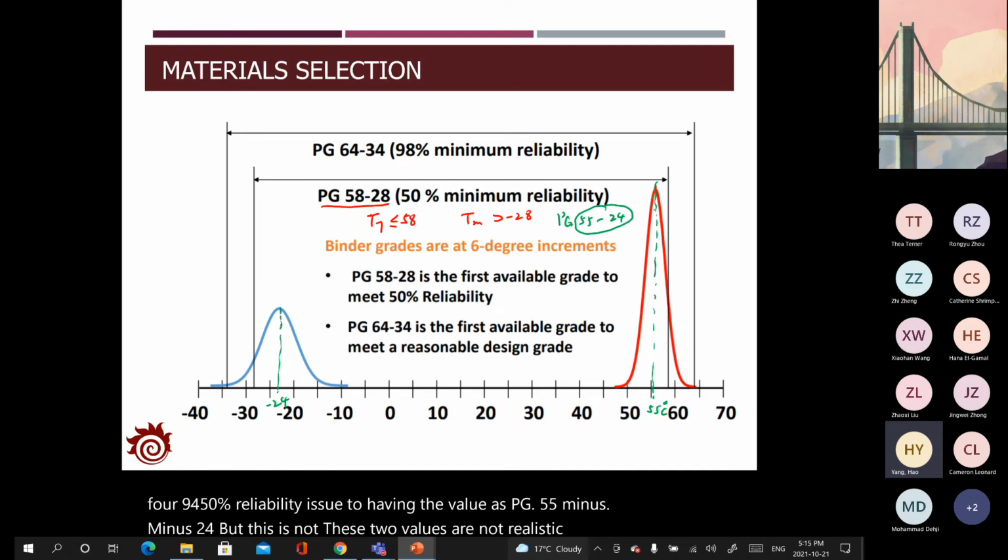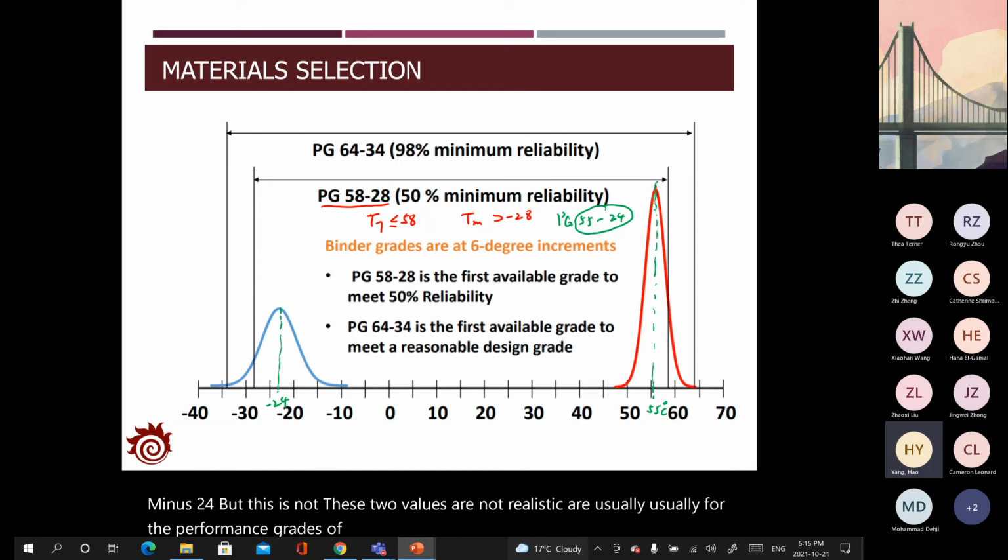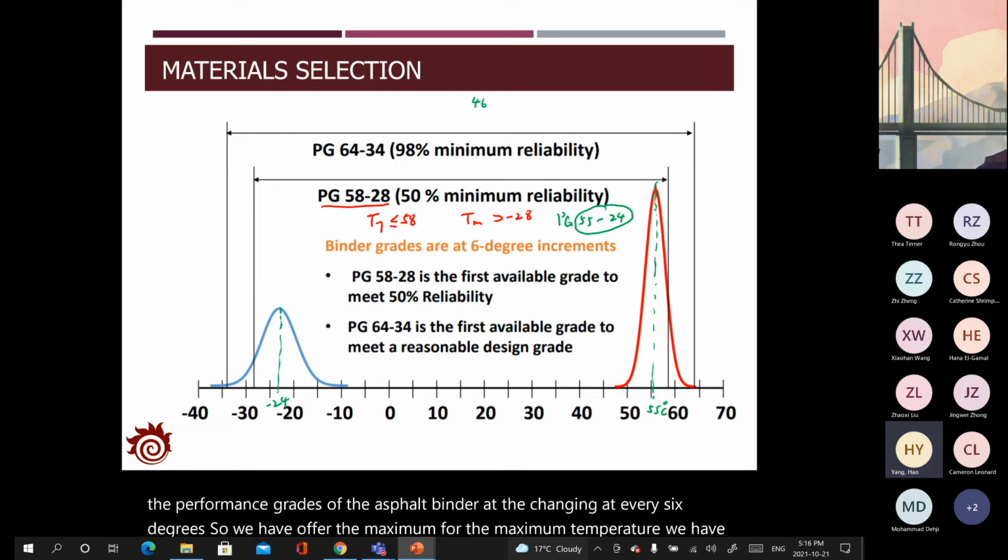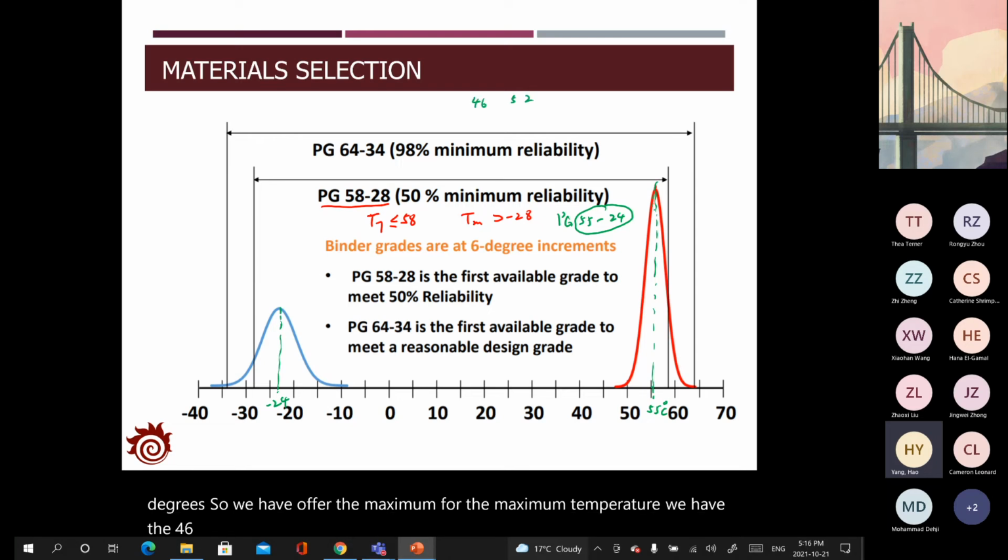Usually for the performance grade of the asphalt binder, it's changing at every 6 degrees. So for the maximum temperature, we have the 46 degree, 52 degree, 58 degree, 64 degree, 70 degree, and so on.